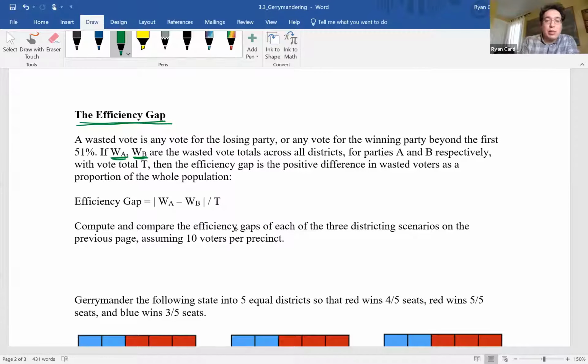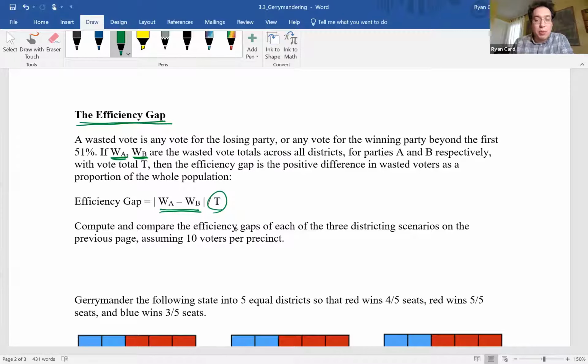Then you look at the difference. Party A wasted this many votes, party B wasted this many votes, take the difference and the absolute value, because it could be negative, right? And then you divide by the total number of votes that were cast in the state.